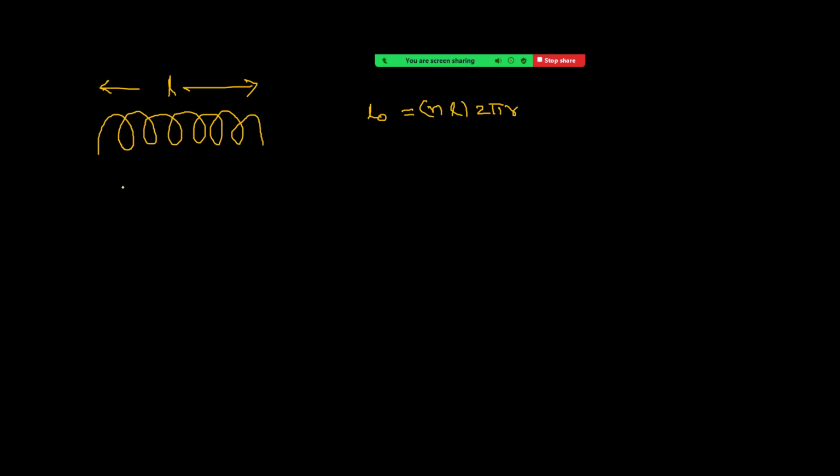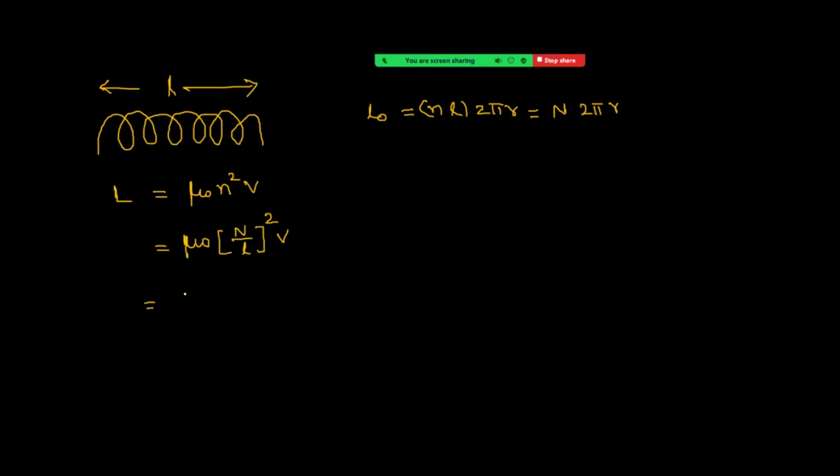We have just learned that the coefficient of self-induction is equal to mu naught n square V, right? Now substitute values in this. Mu naught, in the place of n, see what I can write. This is actually number of turns into 2 pi r, right? So I'm writing here n by n, whole square into V.